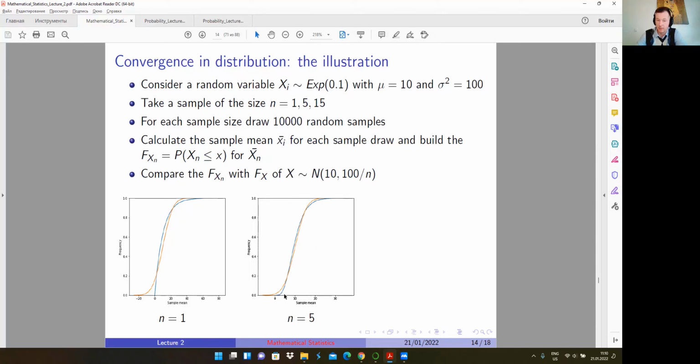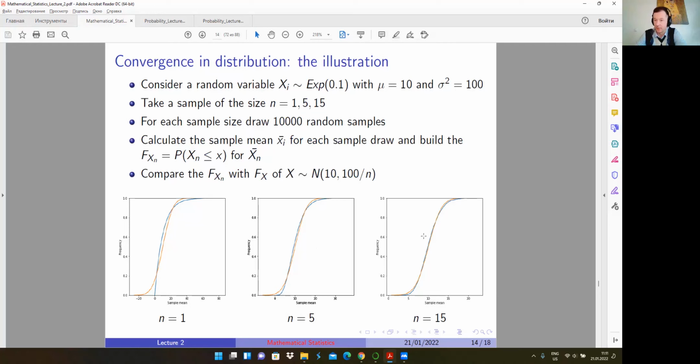Then I increase the sample size to 5. You see that the blue line becomes much closer to the orange line, but not enough. Then I increase the sample size to 15, and the blue line becomes almost matching the orange line.